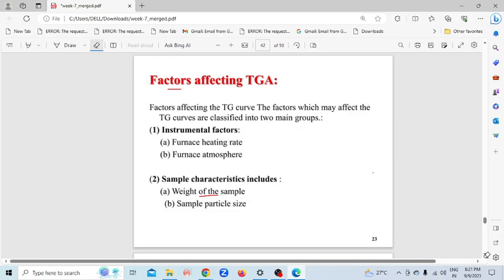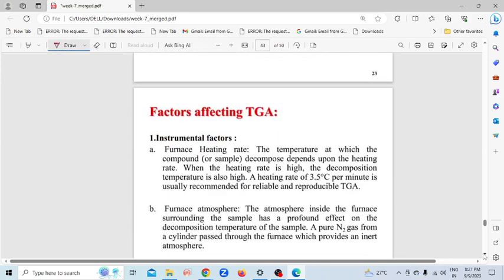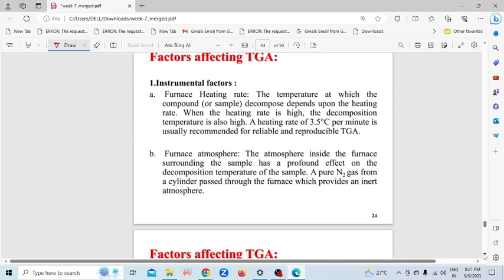We will discuss these factors in detail now. First of all, the instrumental factor, furnace heating rate. The temperature at which the compound or sample decomposes depends upon the heating rate. When the heating rate is high, the decomposition temperature is also high.